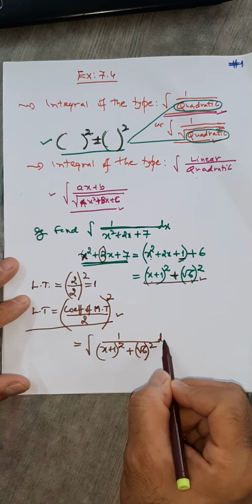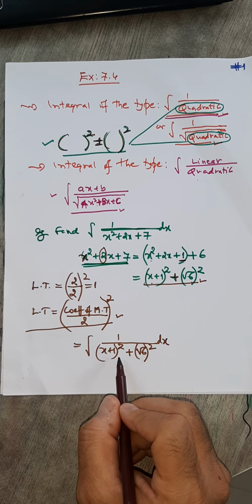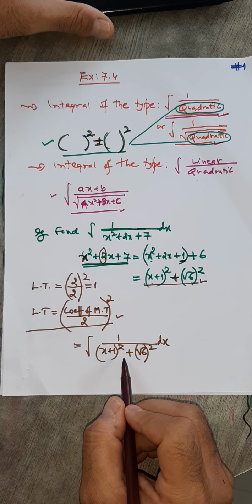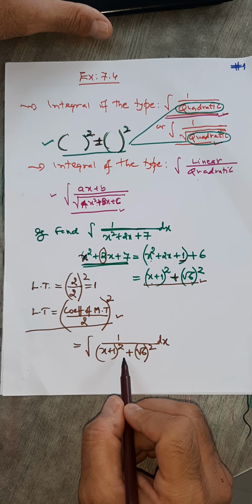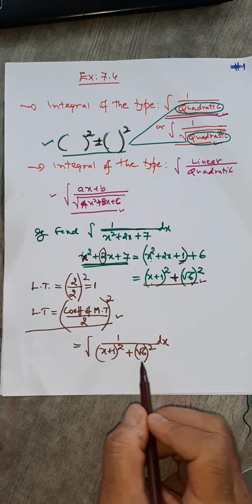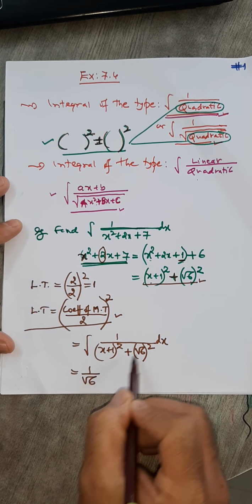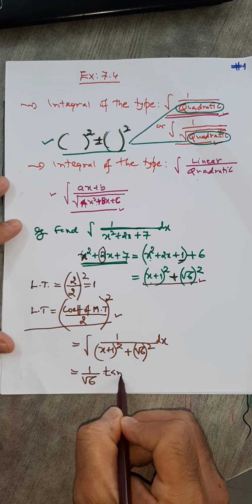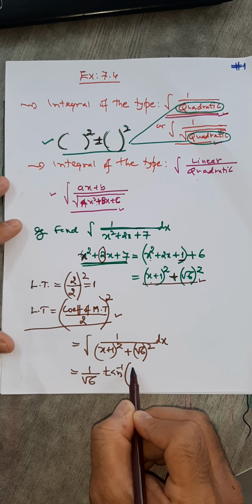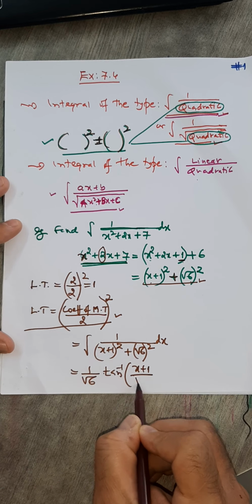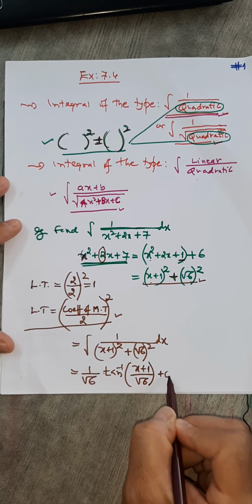Now you recall this is one of the known formulas. Which formula? X square plus a square. Can you recall what is the integral of 1 upon x square plus a square? We already stated earlier. If you just recall, it is 1 upon a tan inverse x by a. 1 upon a means 1 upon root 6 into tan inverse x, meaning x plus 1, by a, that is root 6, plus c. This is your answer.